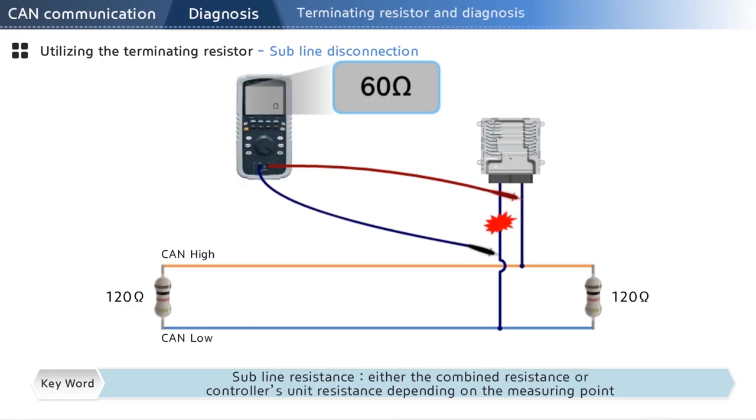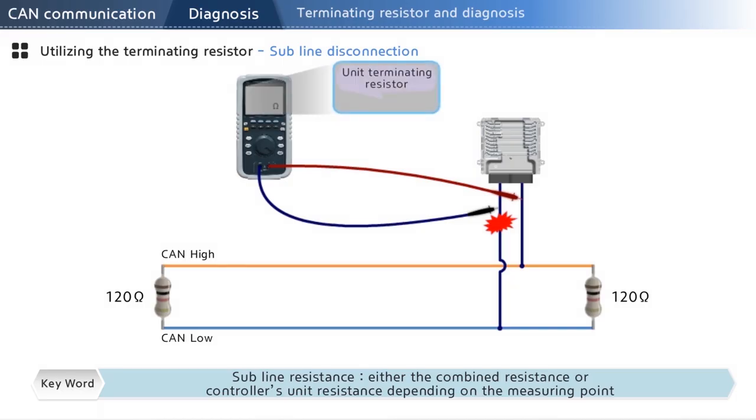If the subline resistance is 60 ohm, this means the wiring to the main lines is in the normal state. If there is a section where the resistance of the unit itself is measured instead of 60 ohm, this indicates a disconnection somewhere in between the two lines.